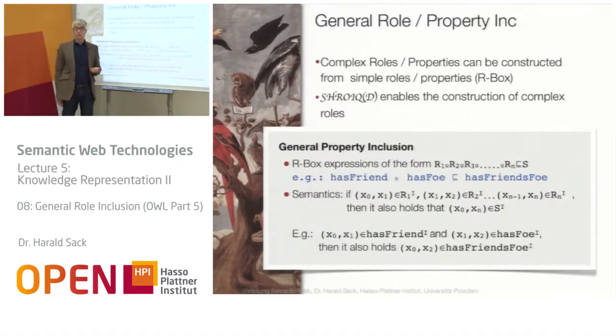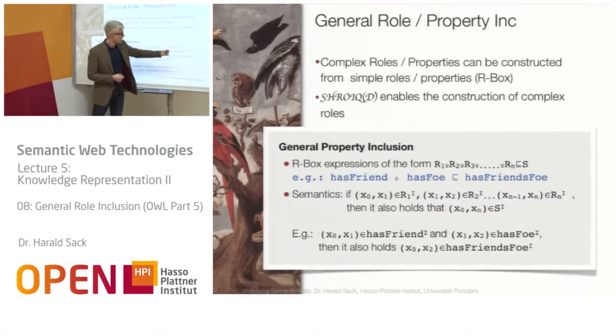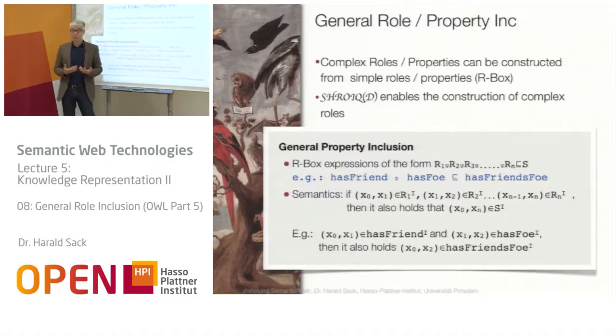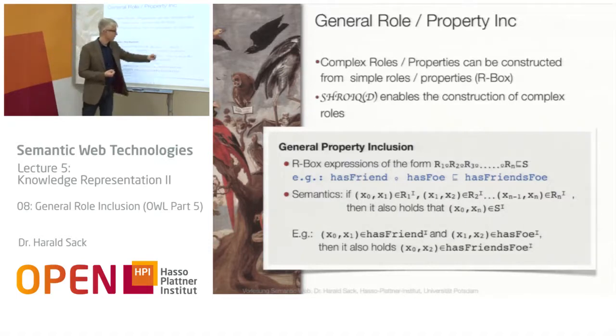Okay, general property inclusion for OWL or for SROIQ works in the following way. So you will have an RBox expression that says that you can connect several atomic roles that form another more complex role S in that case. So for example, you can connect has friend with has foe, and this is a subrole or includes has friends foe then.